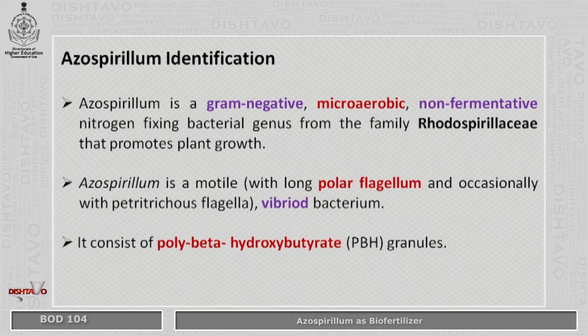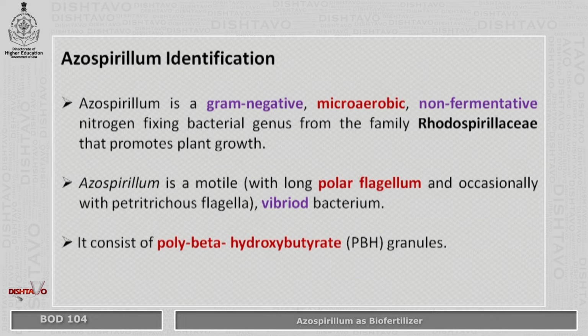How to identify Azospirillum? Azospirillum is a gram-negative, microaerobic, non-fermentative, nitrogen-fixing bacterial genus from the family Rhodospirillaceae that promotes plant growth. Azospirillum is a motile, vibrioid bacterium. It may possess a long polar flagellum and occasionally peritrichous flagella.